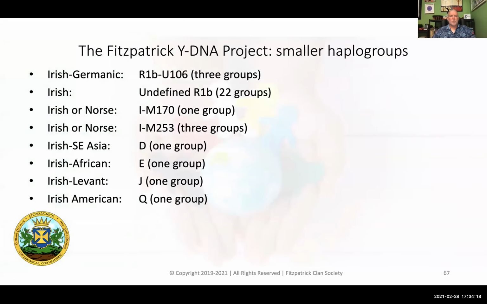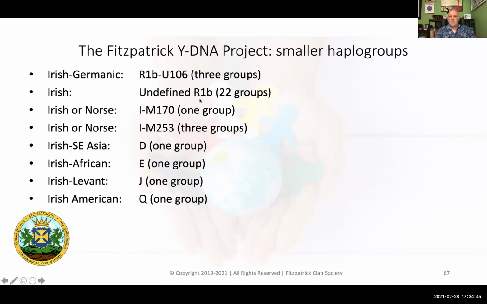So these are some of the smaller groups. We have a really emerging, really interesting U106 group from down south from Wexford. And that's almost like a genetic signature, but they're also an old Fitzpatrick group. We've got a bunch of other, I mean, 22 groups of individuals really, who we don't know how to group, but they're basically of Celtic Irish extraction.